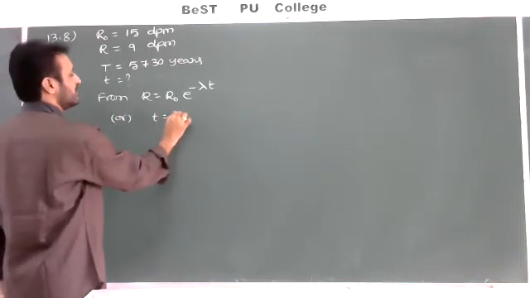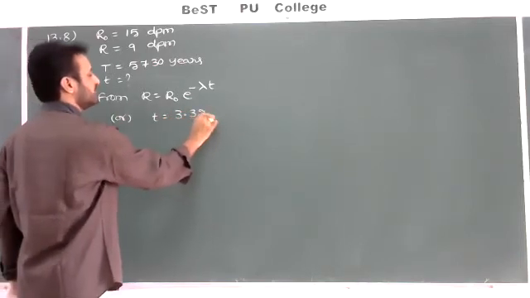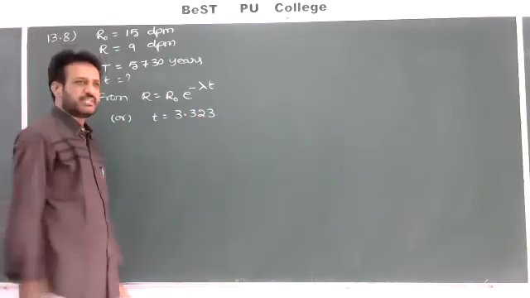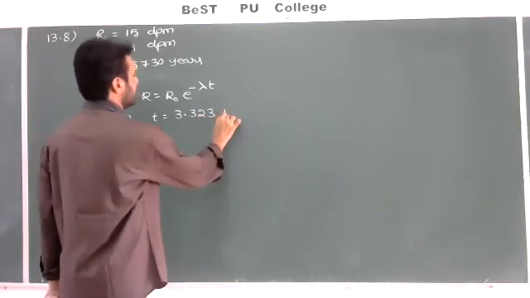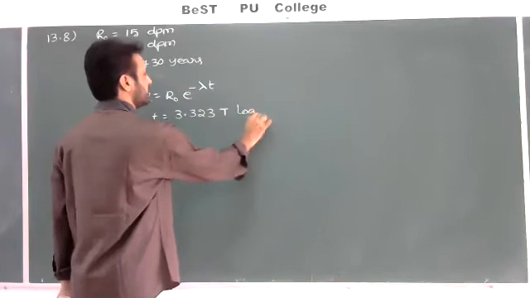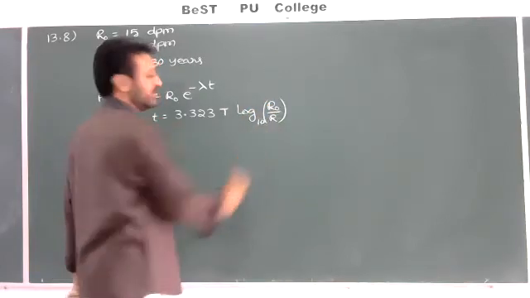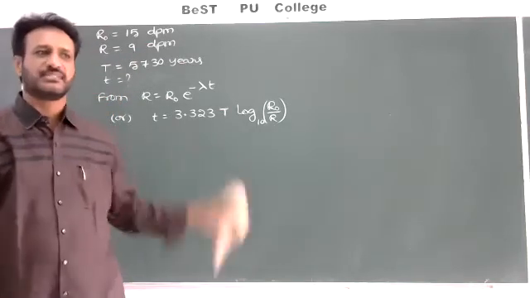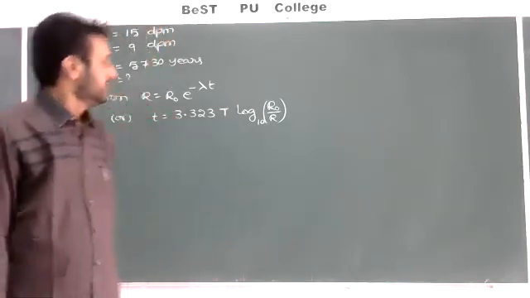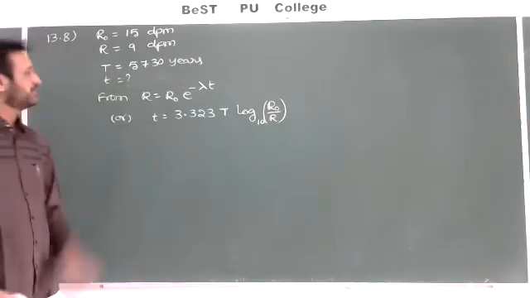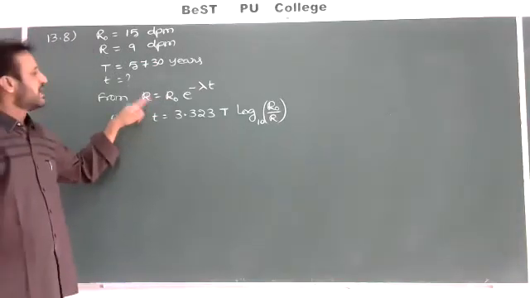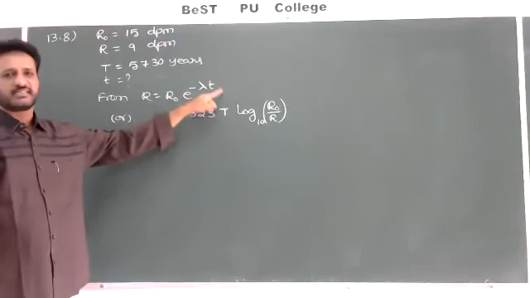Small t is equal to 3.323 into capital T into log R naught by R, base 10. In your notes, in the formula list, I have already given this one. How we get this value: take R naught to the left side. R by R naught is equal to e power minus lambda t.